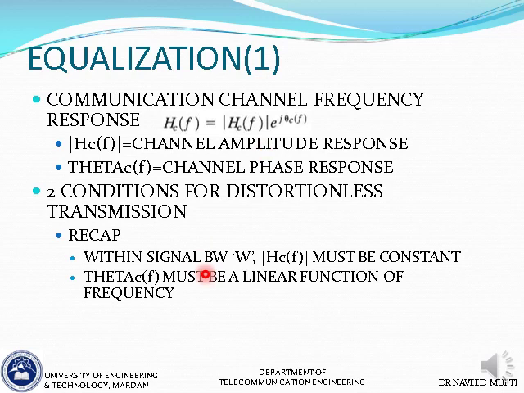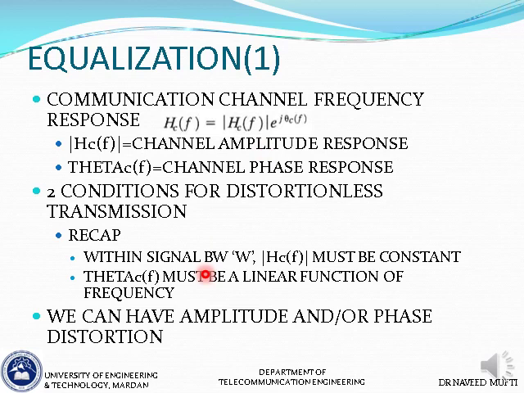So these were the two conditions we studied for distortionless transmission, and we know that when this is not satisfied, we will have amplitude distortion. When this is not satisfied, we will have phase distortion, and actually in channels we have a bit of both. So we have both types of distortion.